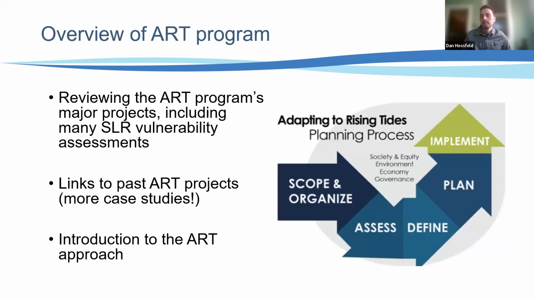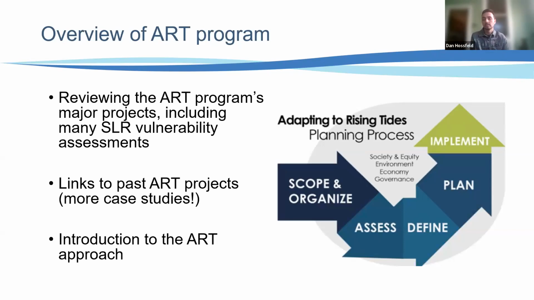The ART program, which was incepted around the time of the climate amendment, has worked on vulnerability assessments around the Bay Area, partnering with local jurisdictions for multiple projects, and even putting together a Bay Area-wide report on the expected impacts of sea level rise, including an analysis of each operational landscape unit, OLU, which I know has come up on this network before, that's found within the Bay.